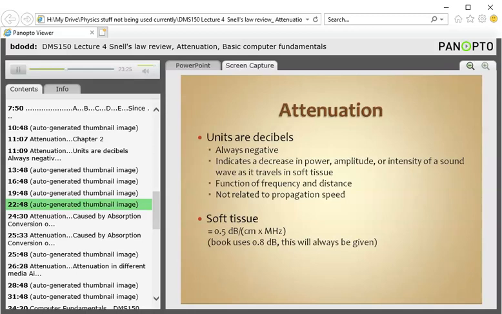And in this case, I gave you a depth of 10 centimeters. But I said we were imaging, so we multiply that times 2. What's that called? This is the coefficient of attenuation.